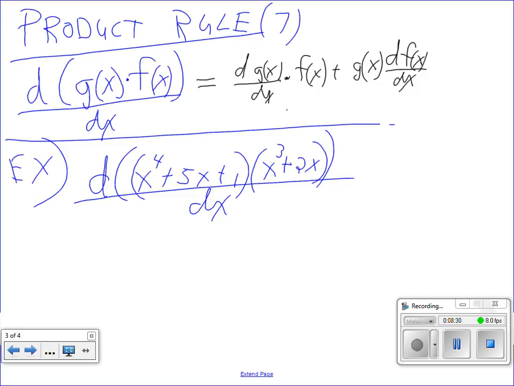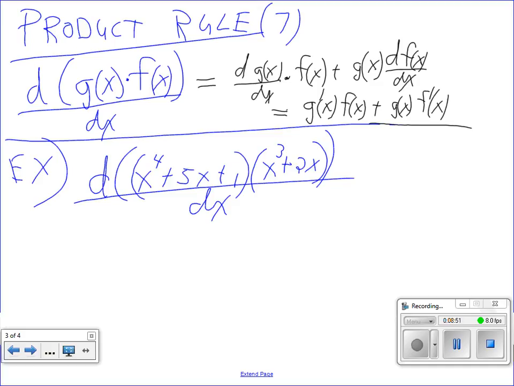How else might I write that? I might write it like this because it's a little cumbersome: g prime of x times f of x plus g of x times f prime of x. Remember the functional notation and how to read that.